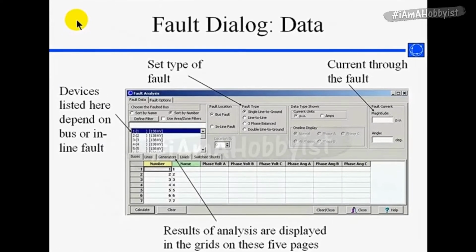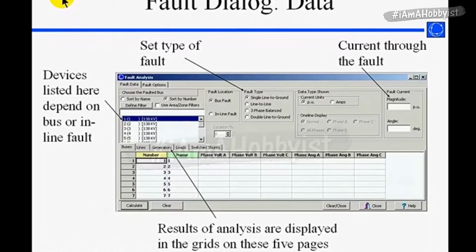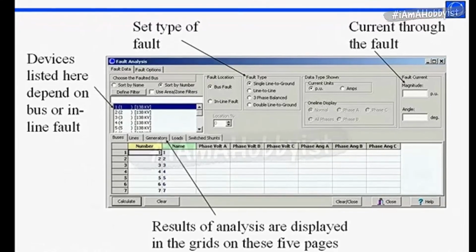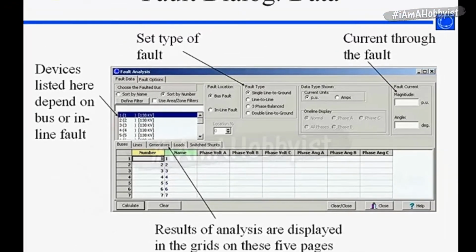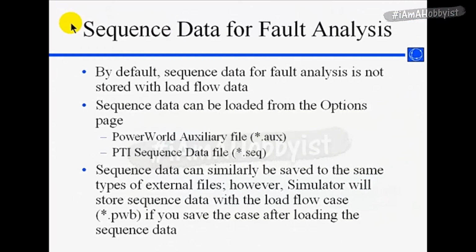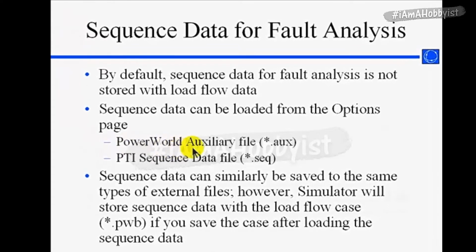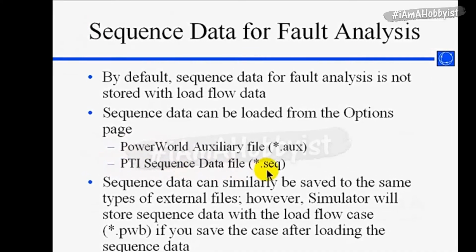This explains the different features of the Fault Data tab inside the Fault Analysis dialog. The sequence data can be loaded from the PowerWorld auxiliary file format, as we did, or also from a PTI sequence data file.